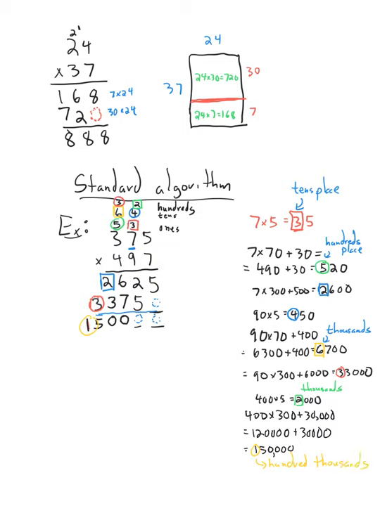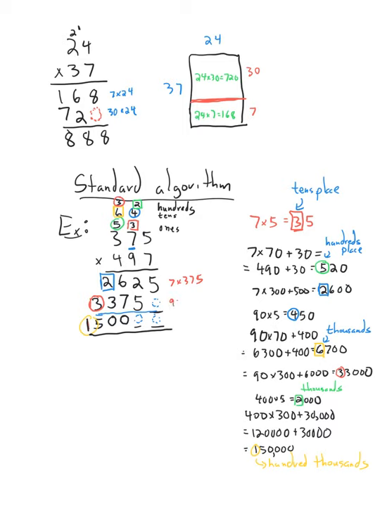And of course, when we do the standard algorithm, we don't actually write all of that down over to the side here. This is just all pedagogical. This is so we understand what each of our multiplications is actually doing. So let's make sure we know what each number stands for down in the subproducts. Of course, this number here is 7 times 375.